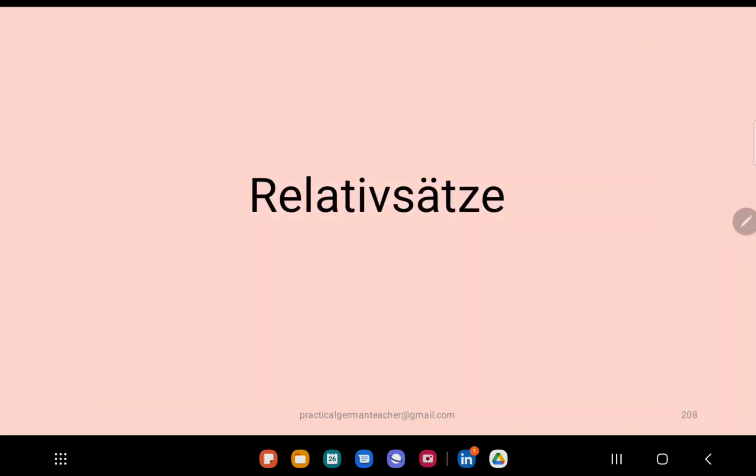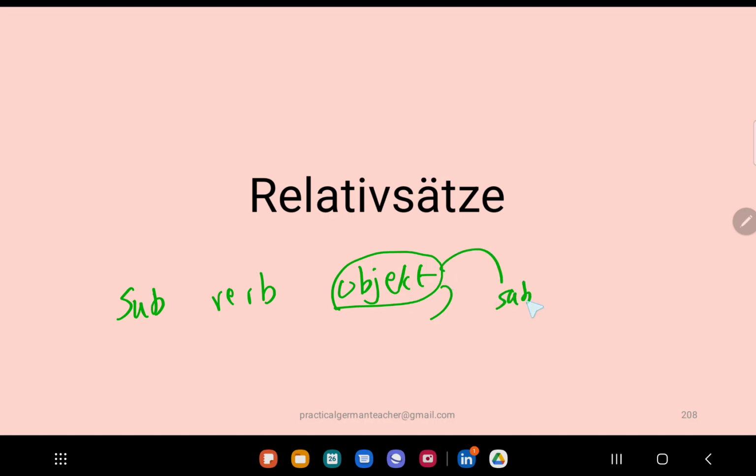Now let's look at Relativsätze. What do they mean? I'll just give you a short introduction. Let's say you start with subject, verb, object, and then you want to continue talking about the object. This object can be the new subject or the new object of the sentence.